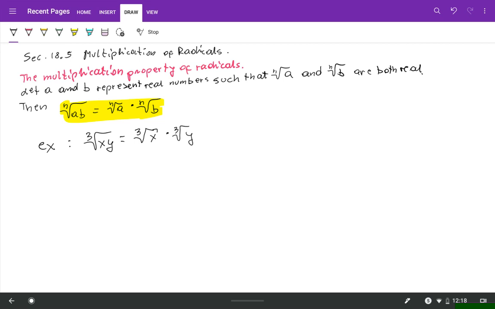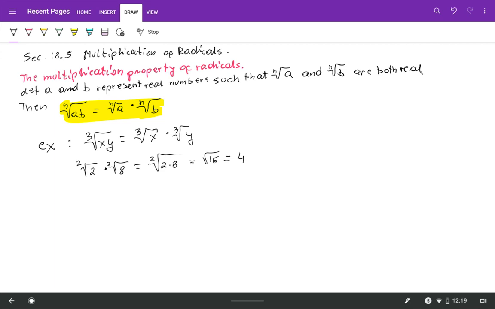Or you can have the opposite. Let's say you have the square root of 2 times the square root of 8. Since both of those radicals have the same index, which is 2, you can rewrite that as one radical, the square root, and you can multiply the numbers, 2 times 8, and that will be the square root of 16, which is 4.